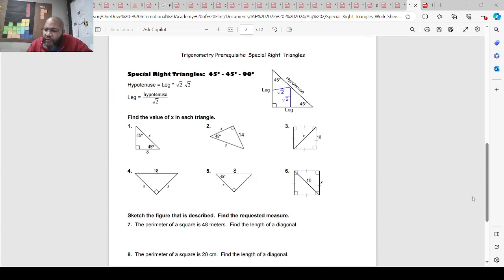Now let's go to the second page or flip it. So what do they say here? Well, the hypotenuse is the leg times the square root of 2. That's the longest side. That is the leg times the square root of 2.